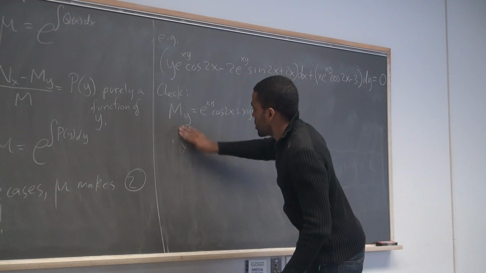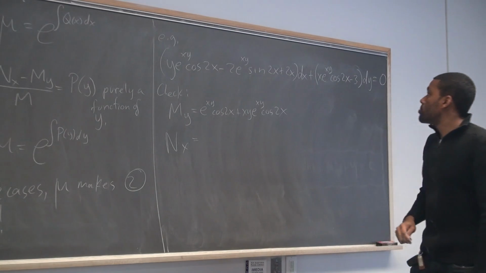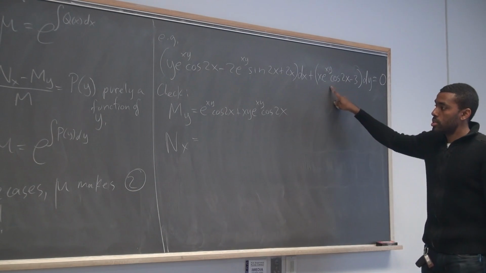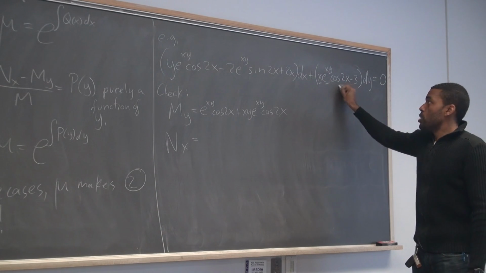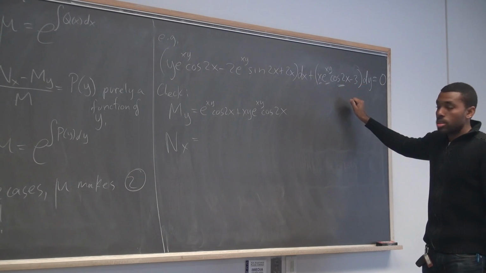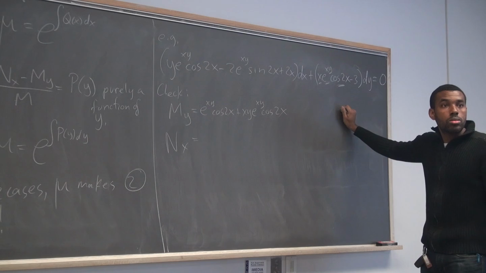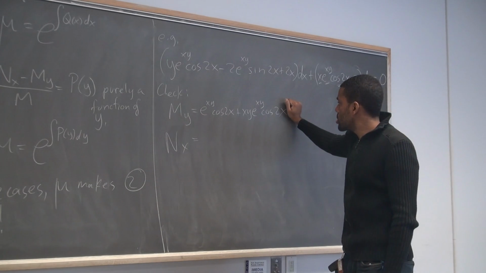And Nx, this one. Now notice here, you have 3 functions of x. Question? Is that supposed to be a minus xy e to the xy?